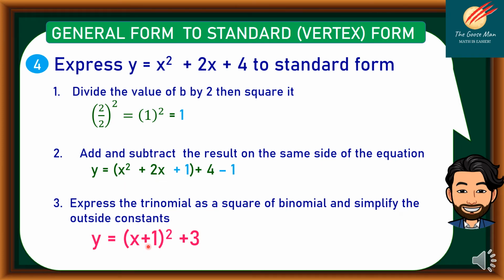And the positive 1 that we got here is the result of dividing the linear coefficient by 2, so we write positive 1 and square it. Then 3 is derived from 4 minus 1. Therefore, the equation y is equal to x squared plus 2x plus 4 is the same as y is equal to (x plus 1) squared plus 3.